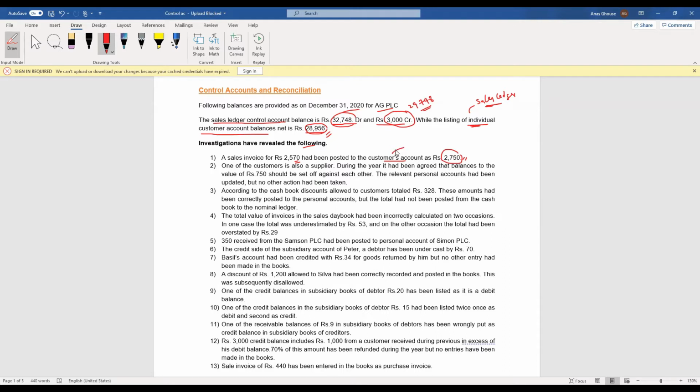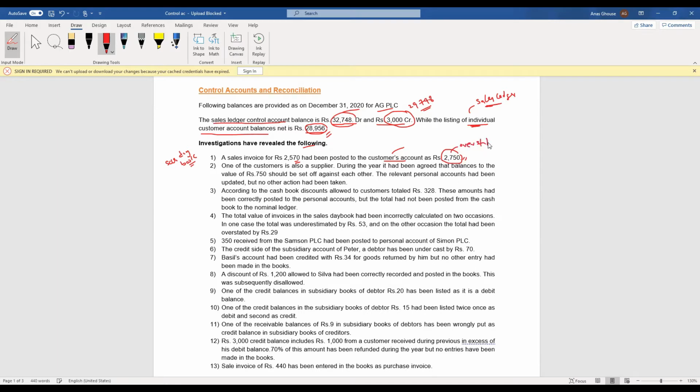It is not in the control account, because control accounts are updated based on the sales day book. Based on the sales day book total, the sales ledger control account will be updated. That has been posted correctly, but the individual account balance is overstated.